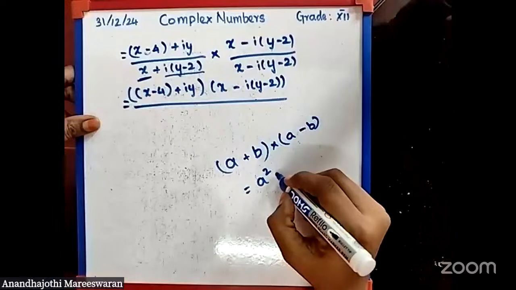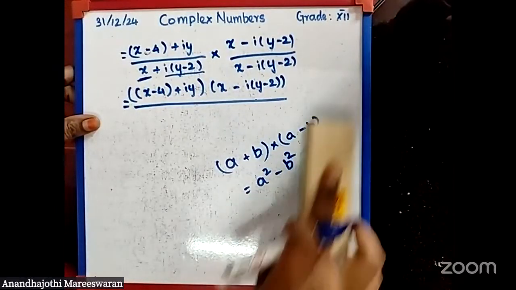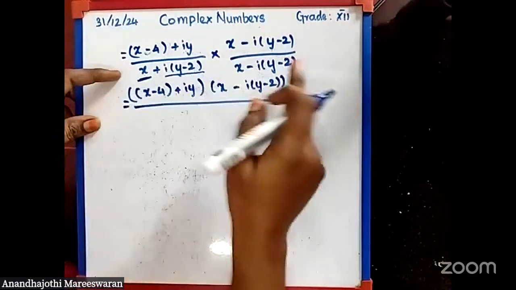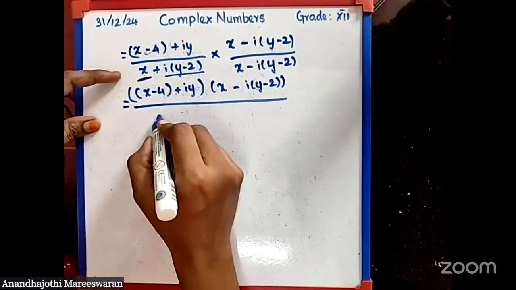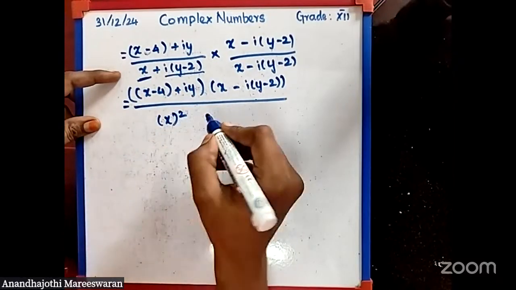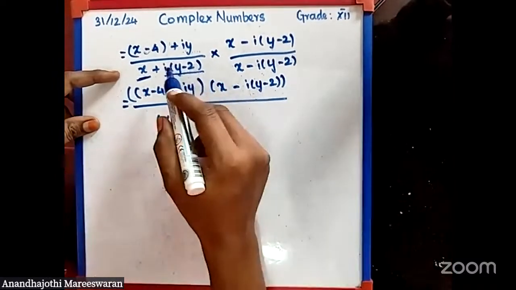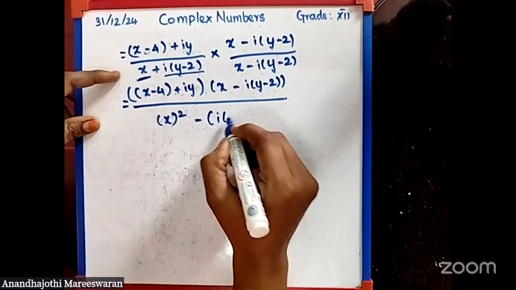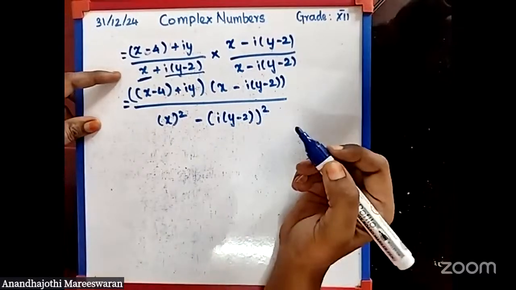It equals a squared minus b squared. We are going to apply the same here in the denominator. So we have x whole squared minus b squared, where b is i multiplied by (y minus 2) the whole squared.